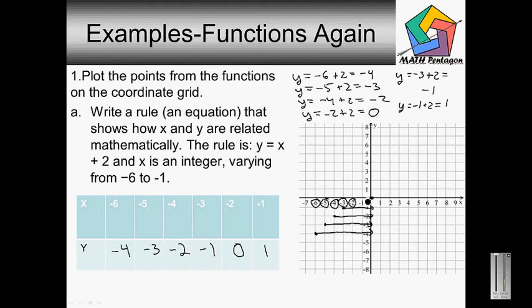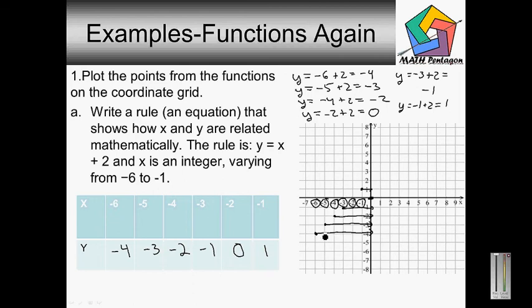And then the next one would be negative 1 as our x coordinate, and the y coordinate is 1, so we put it right here, up 1. As you can see, it lines up. So right there we plotted the points.